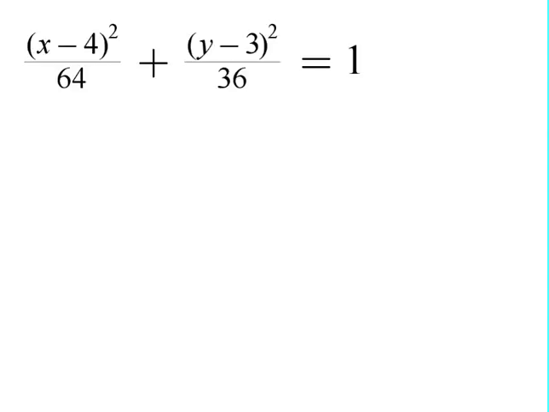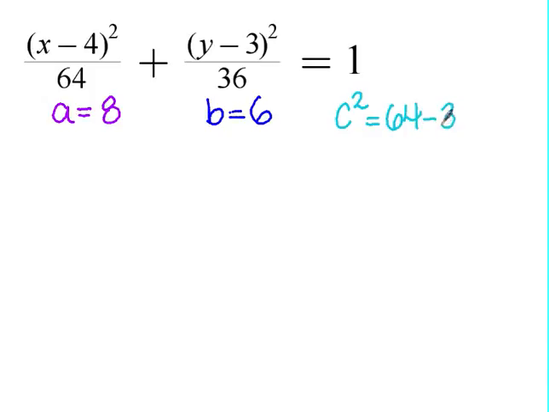I'm given that A equals 8. I'm given that B equals 6. So once again, I need to find what C is. I know the formula C squared equals 64 minus 36. What is 64 minus 36? 28.